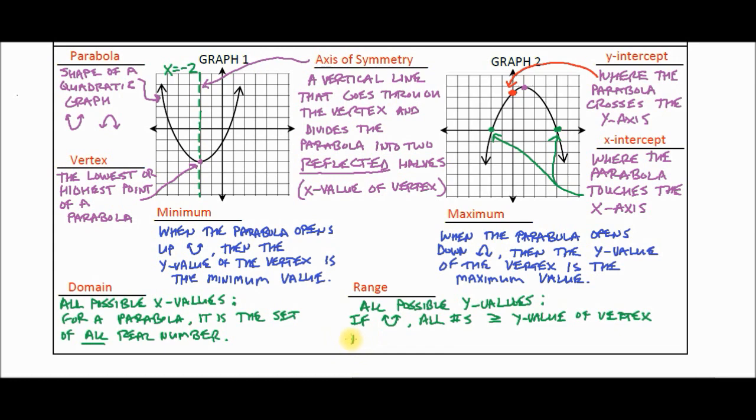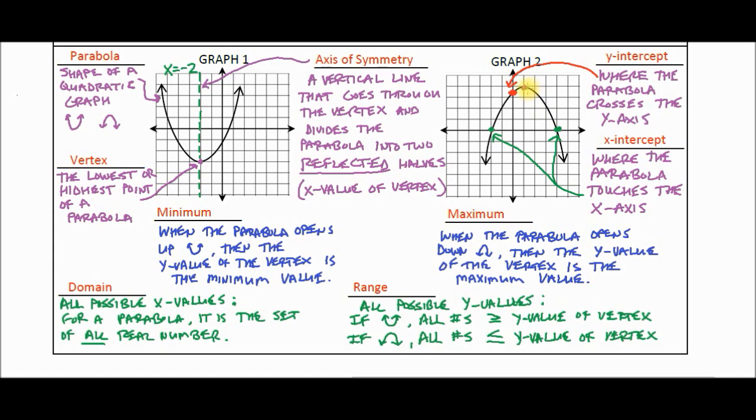So if our parabola now has the opposite shape, if it faces down or opens down, then our range is going to be all numbers that are less than or equal to the y value of the vertex. Let's take a look at that with our downward facing example. Here is a parabola that opens down.